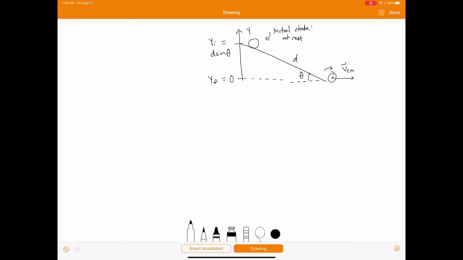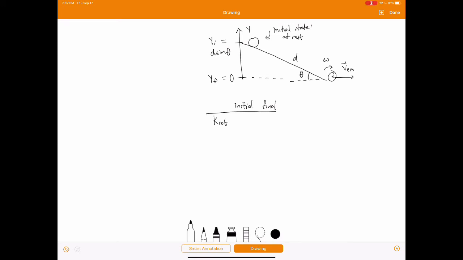It's also rotating, so there's some angular speed omega. And in the table of energies, we're going to have the initial state in one column, the final state in another. And then the types of energy are kinetic energy for rotation, for translation, and also the potential energy due to gravity.